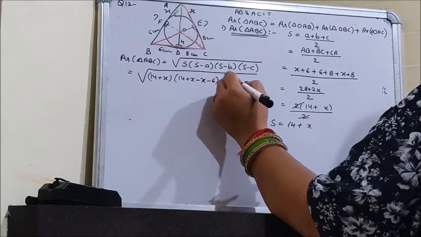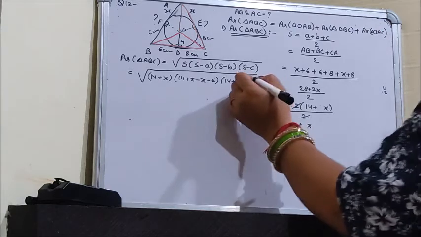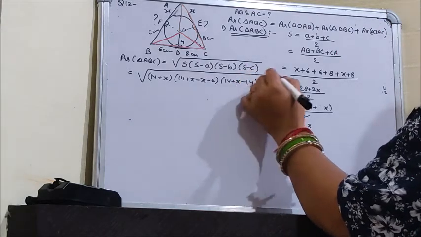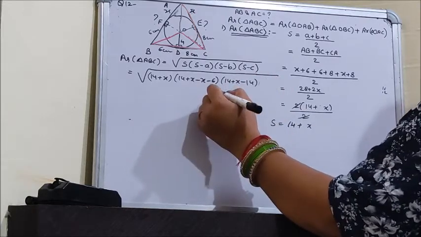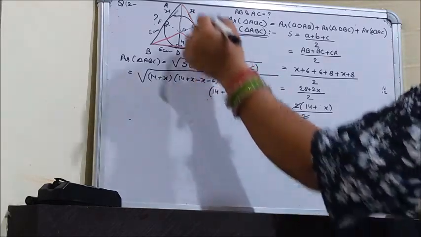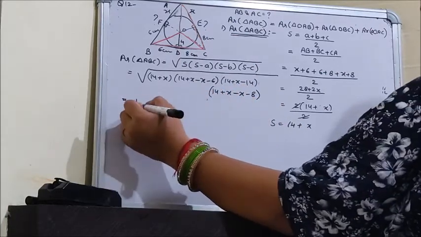Then 14 plus x minus (6 plus 8), that is 14. Another bracket: 14 plus x minus 8.